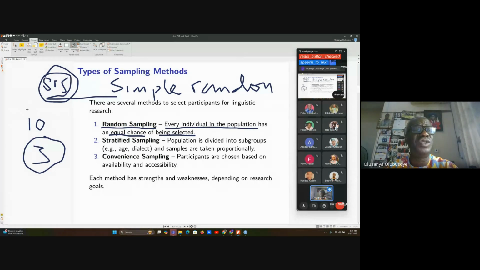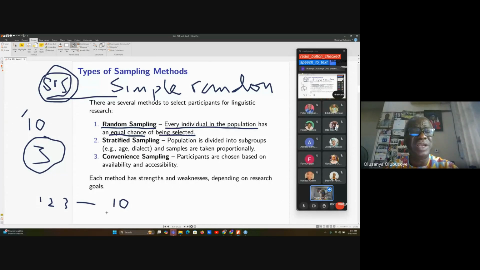You can even use your phone to do the selection. You can generate a random number from 1 to 10, and make sure you have listed the members of the class, Udo number 1, Adedeji number 2, Favor, up to the 10th person.